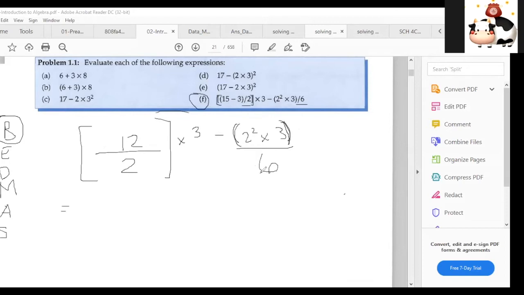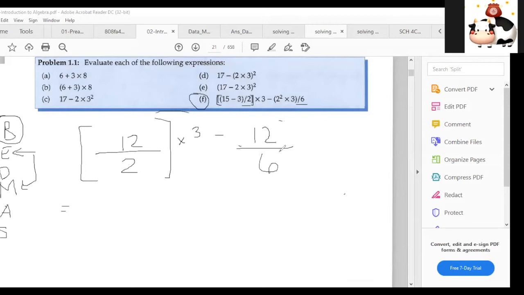Very good. Yes, the 2 times 2 first, because the exponents come before multiplication. So 2 times 2 is 4, and then 4 times 3 is 12. Just to keep it simple, I'm going to take this out, and now I'm going to put 12.